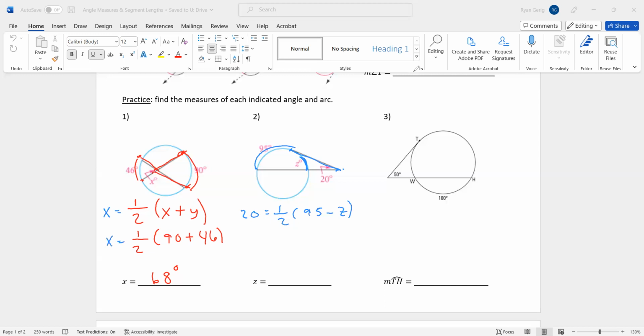But since all the known numbers were on the same side, I didn't have to really make an equation out of it. This one I do. I have to solve this. I'm going to get rid of the fraction by multiplying by 2. I get 40 equals 95 minus Z. Subtract 95, I get negative 55 equals negative Z. Divide by negative 1, I get Z equals 55.